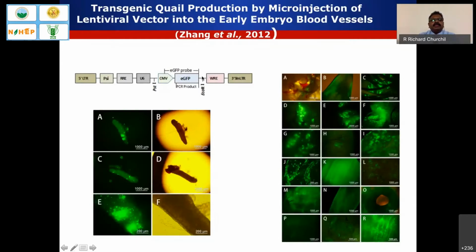So the DNA construct has a GFP protein and the CMV promoter also, and the virus carrying this construct is injected into the blood vessel, and the transgenic quail is produced. The same thing, the same picture on the left side, is under a UV fluorescent microscope, and this is under a light microscope. You can see the difference.